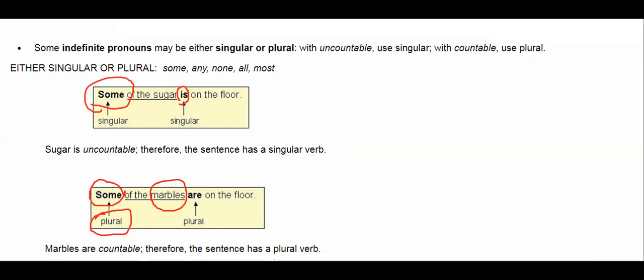Over here it is uncountable, hence we are using singular, and over here the thing we are talking about is countable. So when we use some, we are using plural in this case, whereas up over here, since the object we are talking about is uncountable, we are using singular. Is this point clear too?